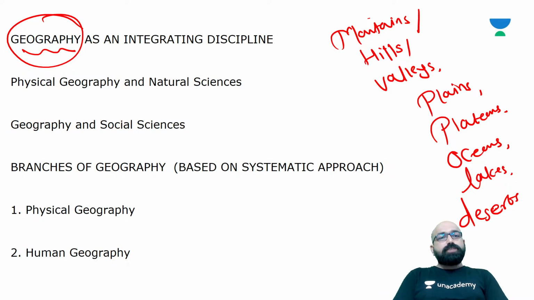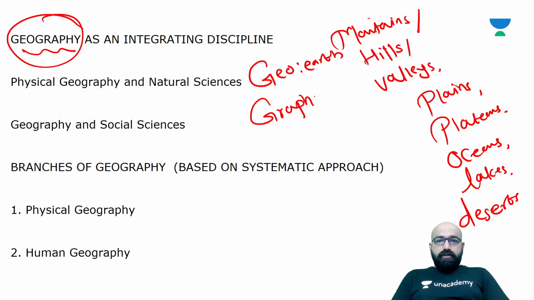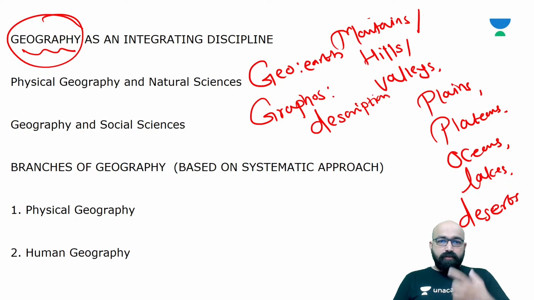The word has been derived from two roots of the Greek language, that is geo, which stands for earth, and graphos, that is description.